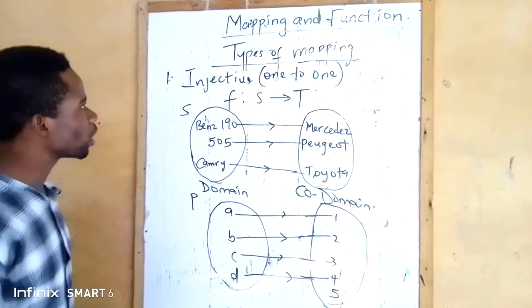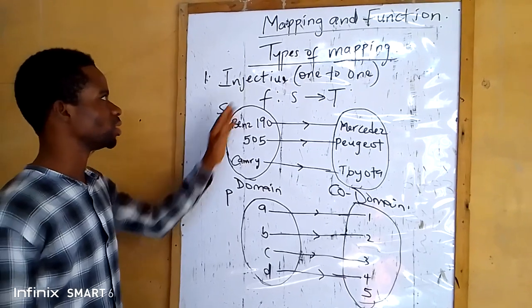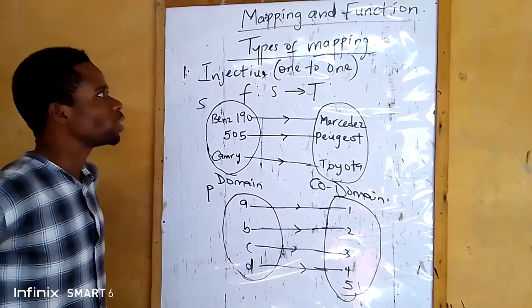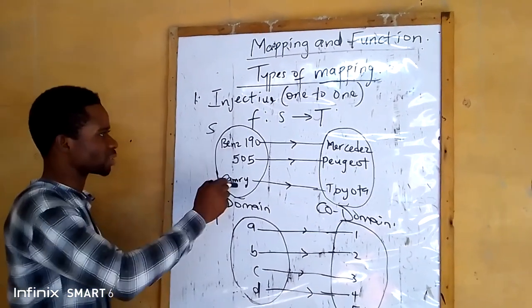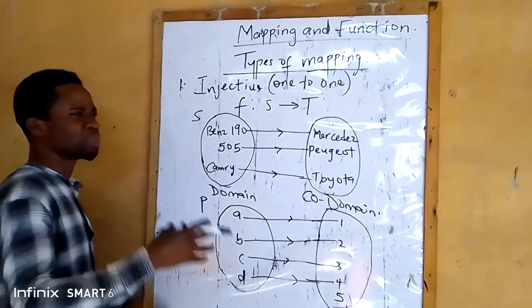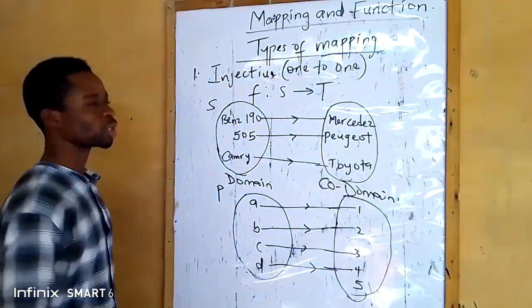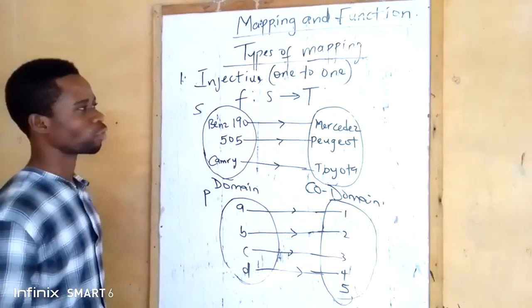Now, for a mapping to be injective, what do we have to notice? That's why we call it one-to-one. It means the element in X must be uniquely paired with the element in T, which is the codomain. That's injective, one-to-one.